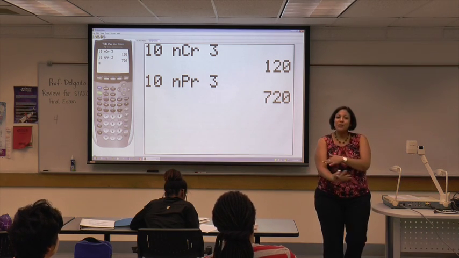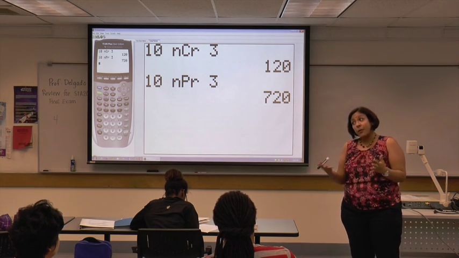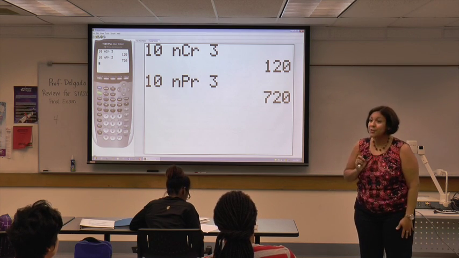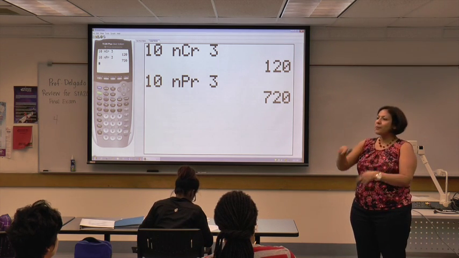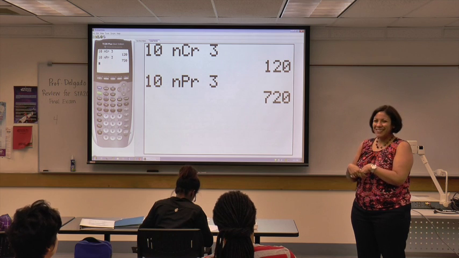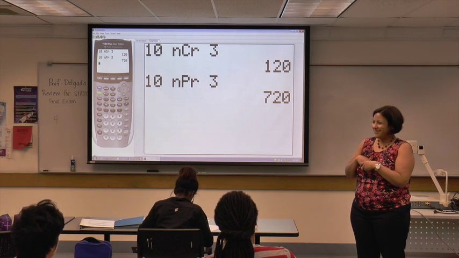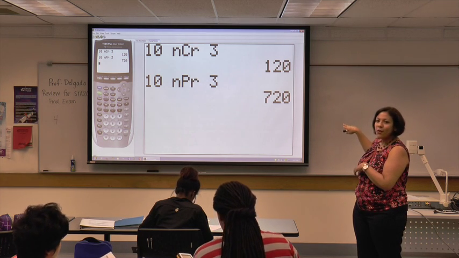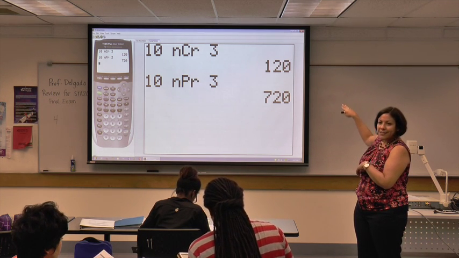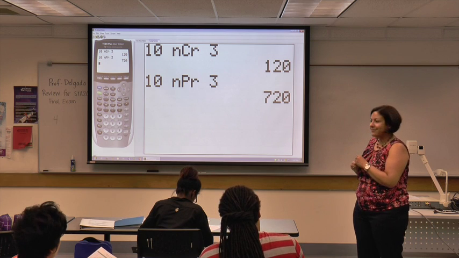Why? Because after you choose the 3 people, and there are 120 ways to choose 3 different people, then you play around with different orders. For each group of 3, there are 6 different orders, so it's no coincidence that this is 6 times as large.